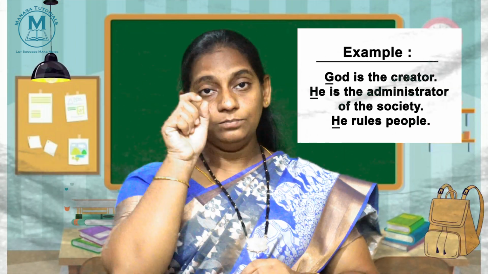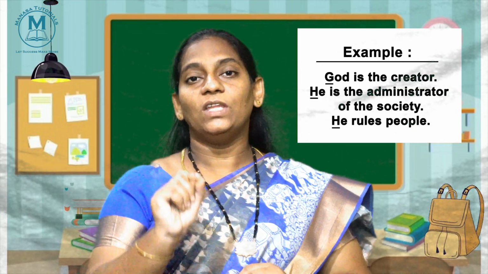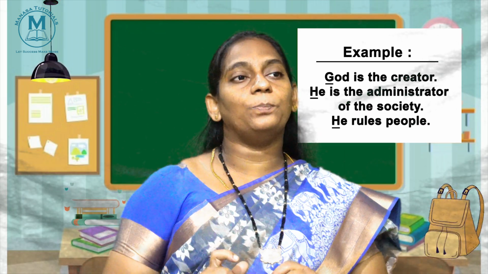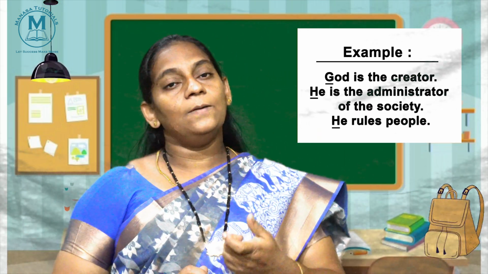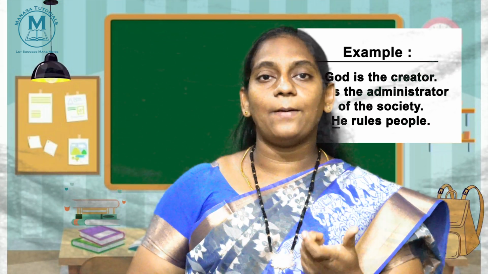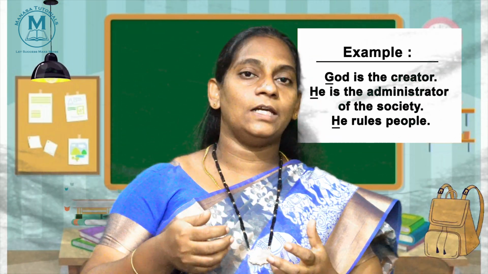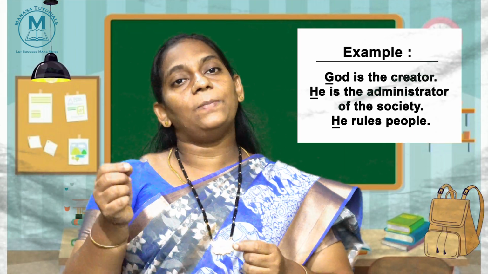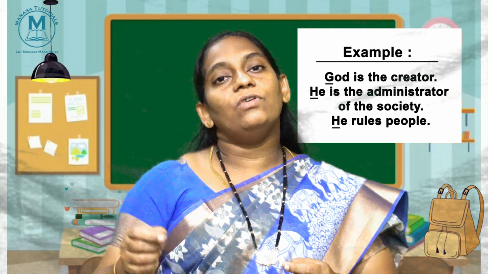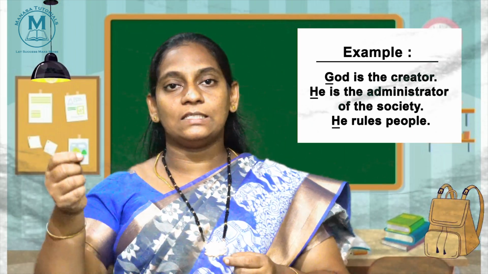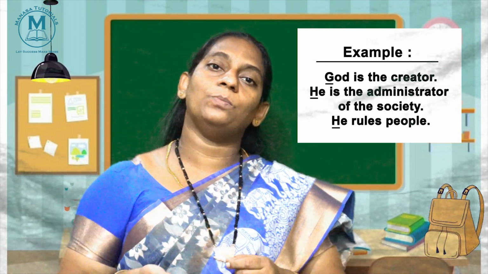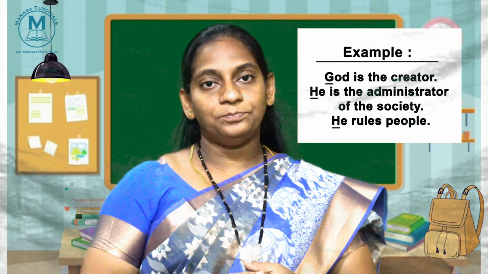So here he should also begin with a capital letter, that is, the H should be in capital letter. So when we are writing topics related to God, wherever in the place of the noun God we use a pronoun like he, his, that he or his should be written in capital letter.